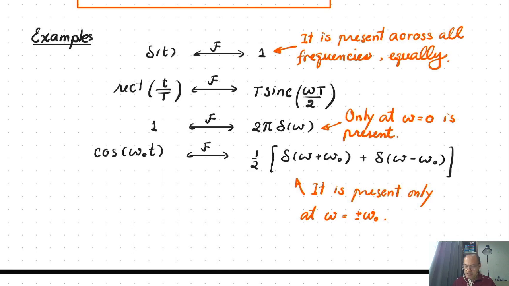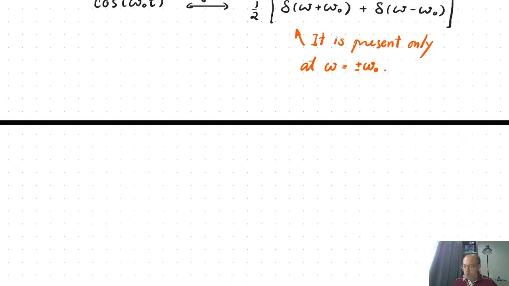Okay, and we discussed some properties of Fourier transforms. Basically, we discussed the first property, which was linearity.